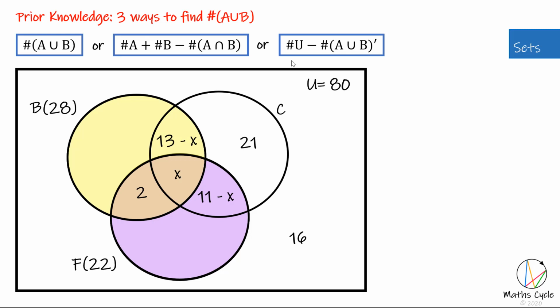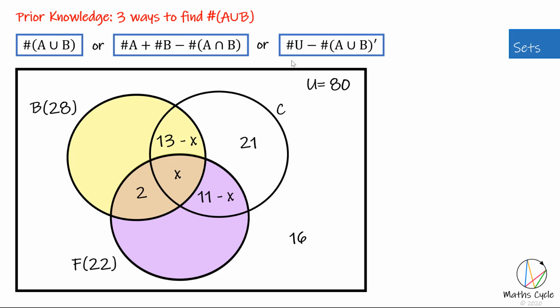So all the elements that are not in A union B, take those away from the universal set. Now you can use any of these three for problem solving to find something like the value of x in this question.